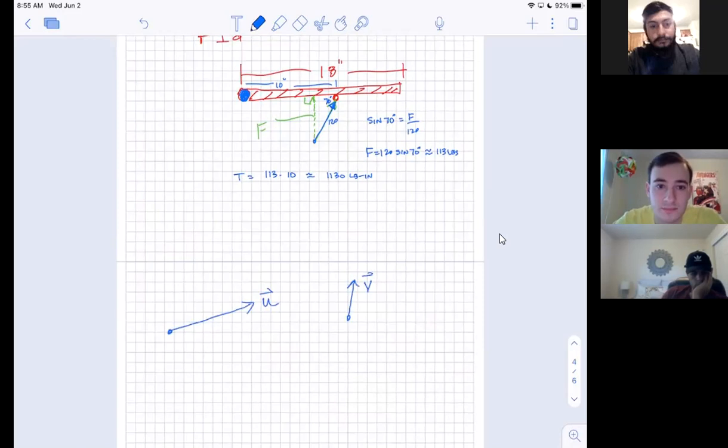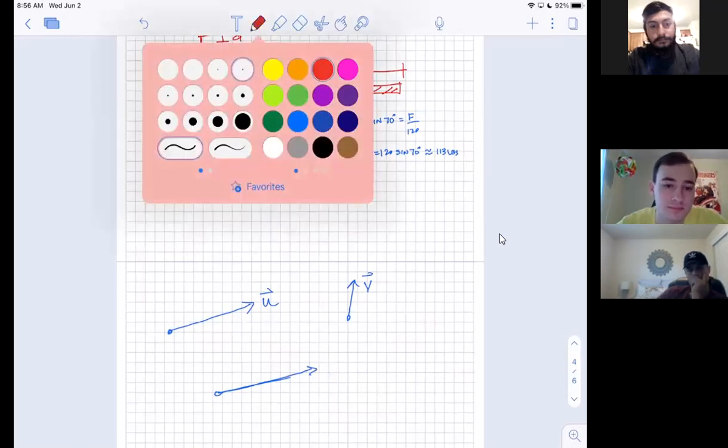Now, what these two quantities ultimately represent is exactly what we just drew a second ago. I'll let u, which I'll redraw here, represent our distance. This is the point of rotation right here.